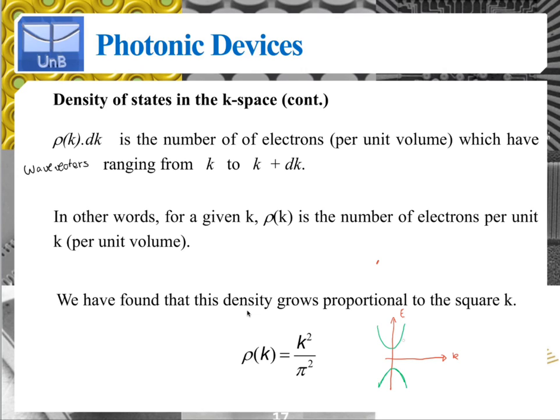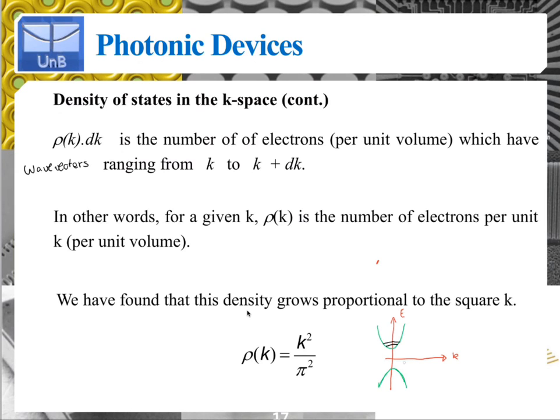In fact, for smaller values of k, you're going to have a smaller density of states, or number of electrons per unit k, in the case of the conduction band. So you're going to have fewer states.